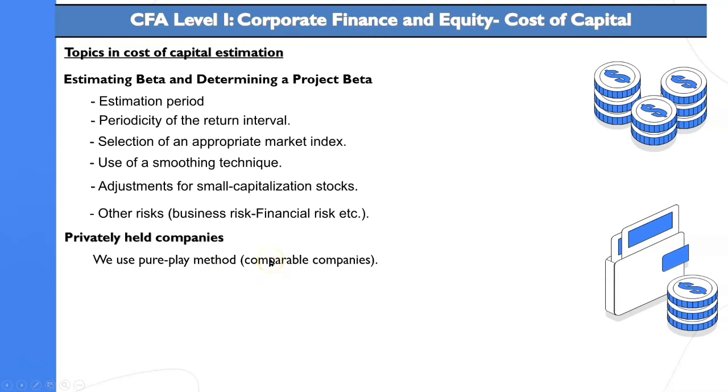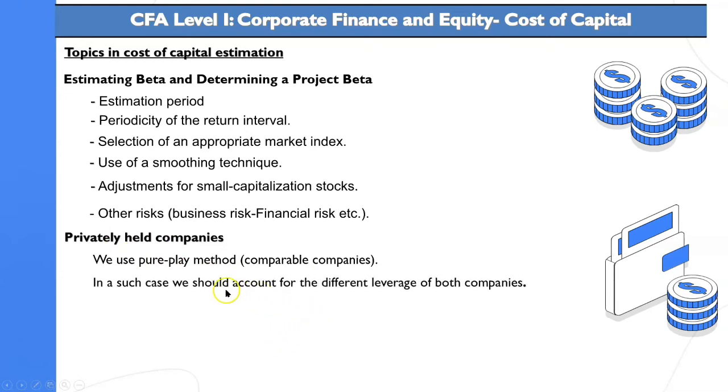Let us assume we are concerned about a company that is privately held, not publicly traded in the stock market. This company operates in the real estate sector. We could go to the stock market and see a company there working in the same real estate sector with similar size. We could use that as an estimate of beta, for example.